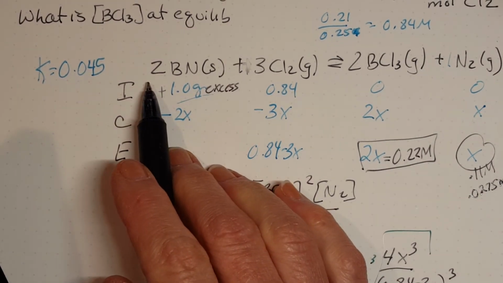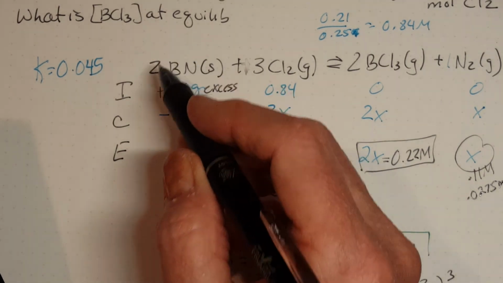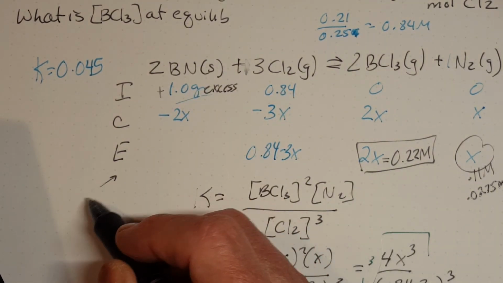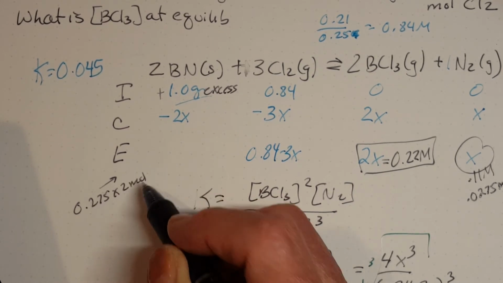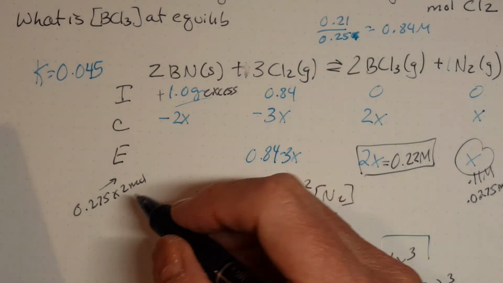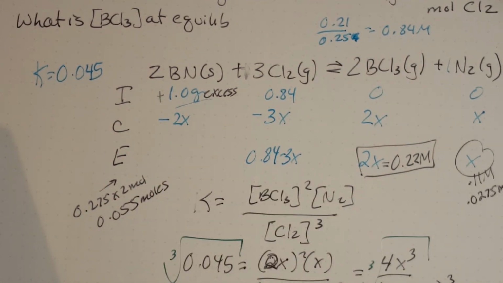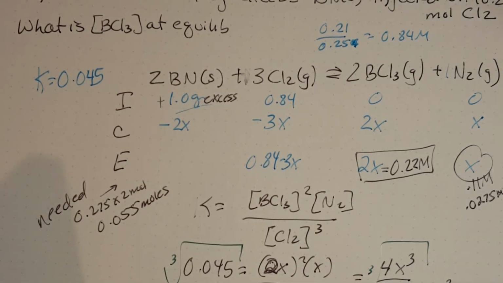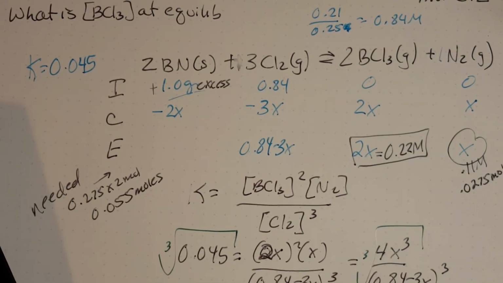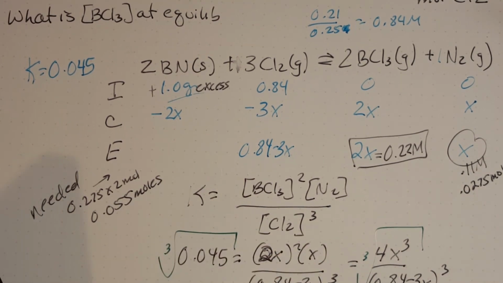And since the BN solid is a 2-to-1 ratio, for the BN solid we would need 0.0275 times 2 moles, which is 0.055 moles. That's what we would have needed in order to get to equilibrium without running out of that. And so the question is, 0.055 moles, is 1 gram enough?